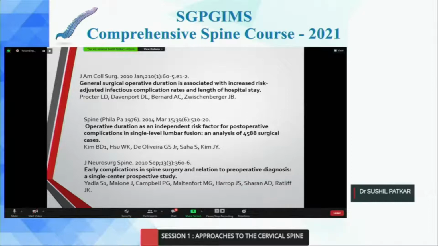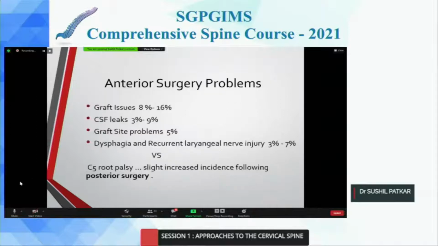The complication rates increase with duration of operation, with the amount of blood loss, and the amount of technology available to you for doing surgery. Anterior surgery has various problems like graft issues, CSF leaks, graft site problems, recurrent laryngeal nerve injury, as compared to posterior surgery, which is very easy.